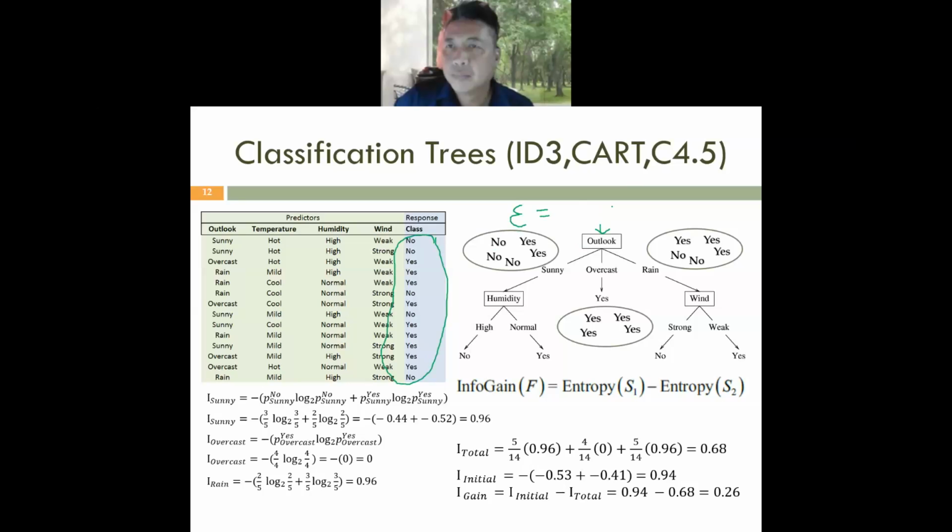So, minus 5 over 14 log base 2 of 5 over 14, plus, this is for the no, and then the second one is for the yes, 9 over 14 log base 2 of 9 over 14.